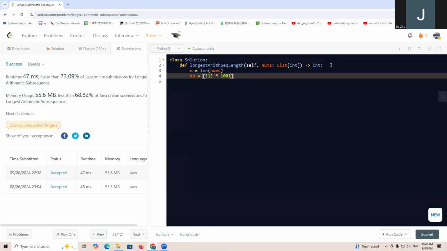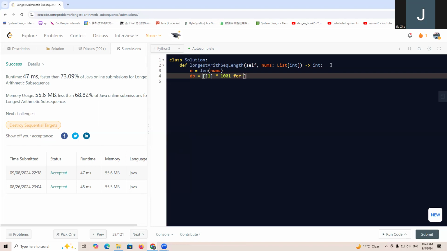We set it as 1001 because of the minus 500 to 500 range. But for Python, because it allows negative indices, if we do not shift the common diff, it's still fine.